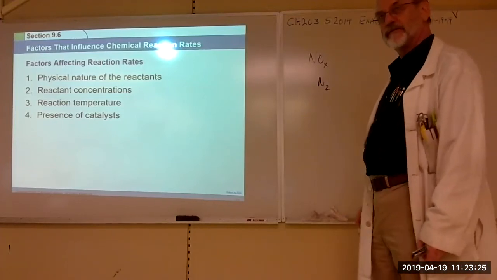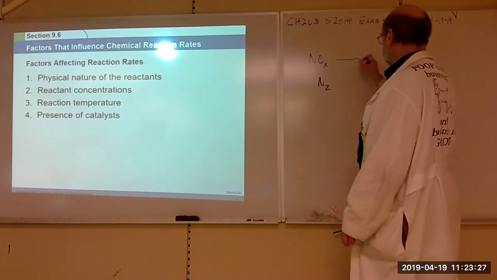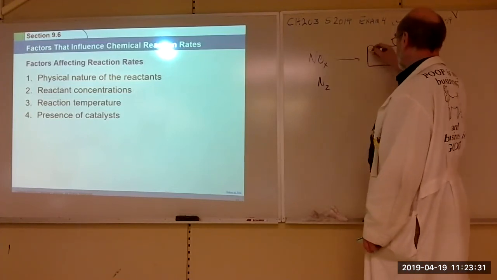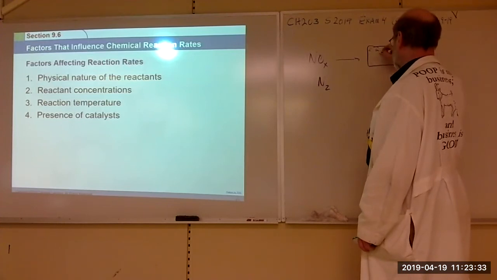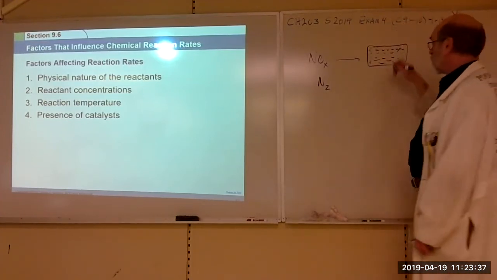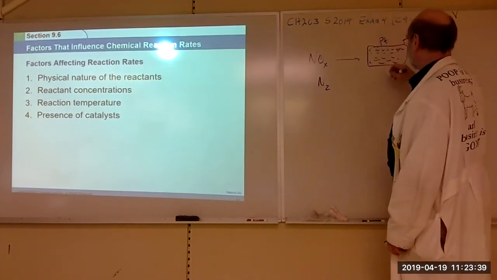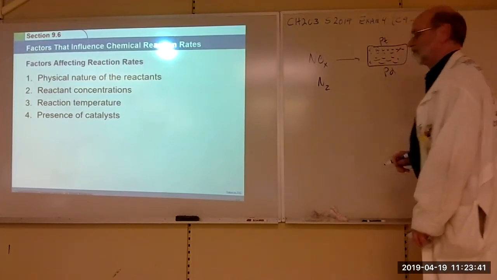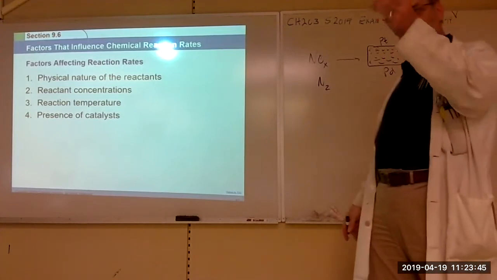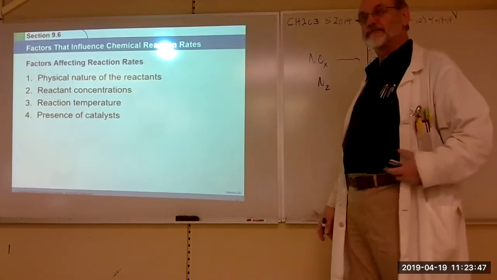So what do we do? Well, we pump this through our catalytic converter. And on these ceramic beads, we have platinum and palladium coating the surface of those beads. It doesn't take much. You just need a very thin layer around those beads.